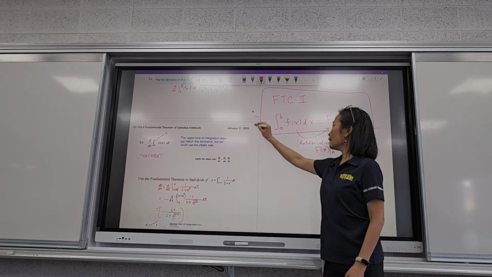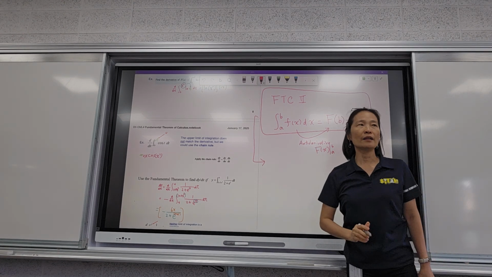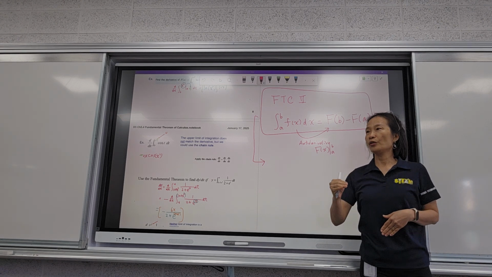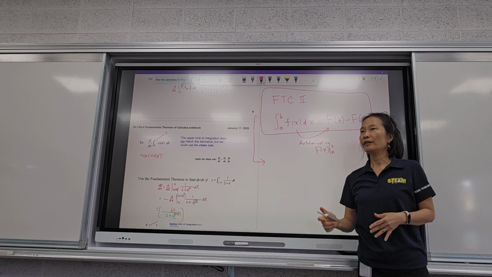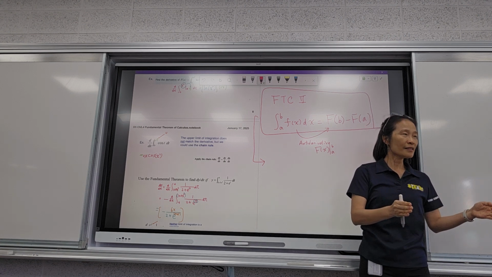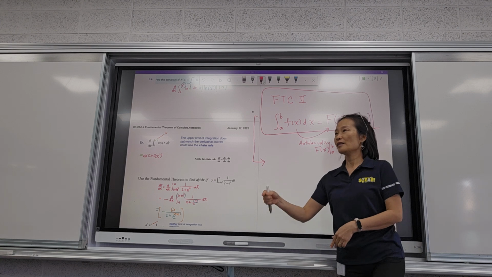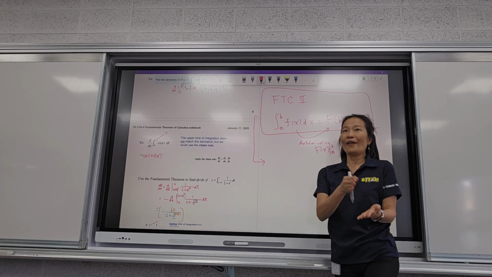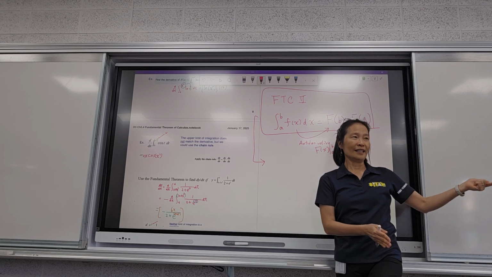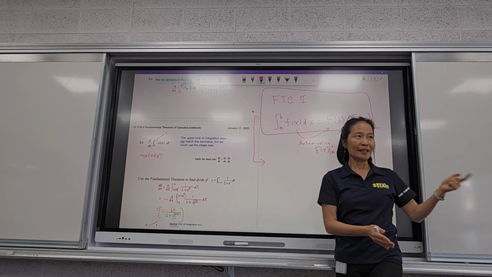From here, this leads to a lot of questions that give you the initial condition. For example, the total change of the displacement is 10 meters, but when t equals 0, the position is 5. What is the ending position when t equals 10? You know what I mean?